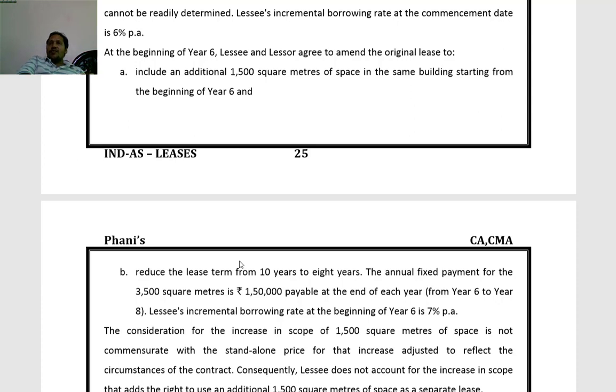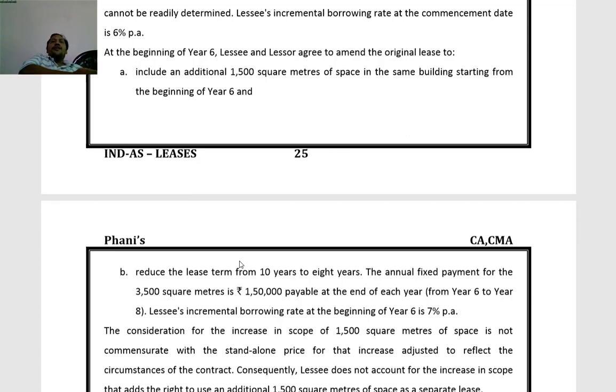Just for example, if it is a commensurate consideration, then increase in scope is there, and commensurate consideration is also covered. Means if both the conditions are fulfilled, this has to be considered as a separate lease. The 1500 square meters of space has to be considered as a separate lease.